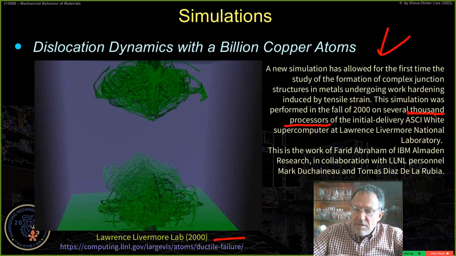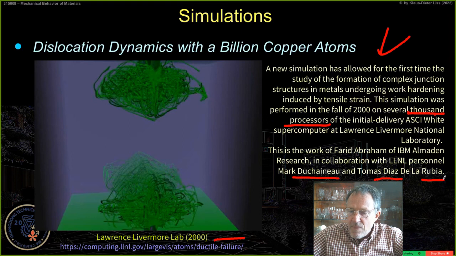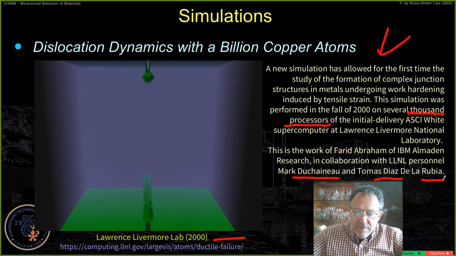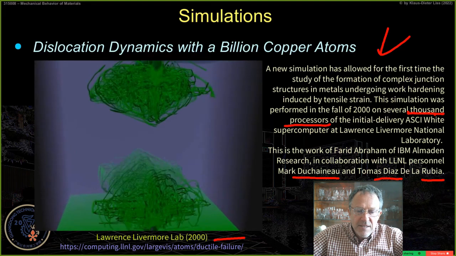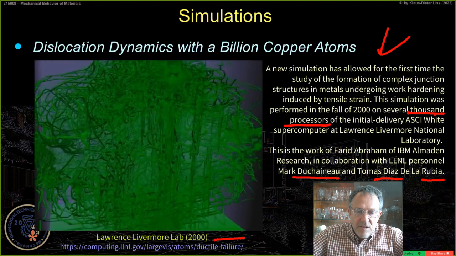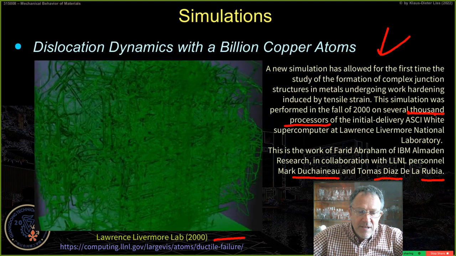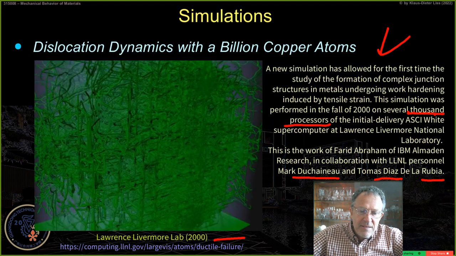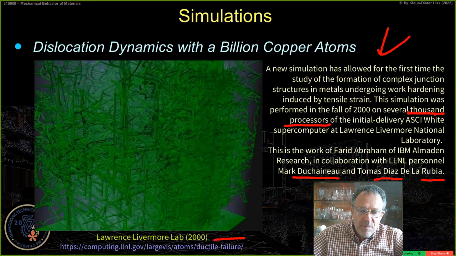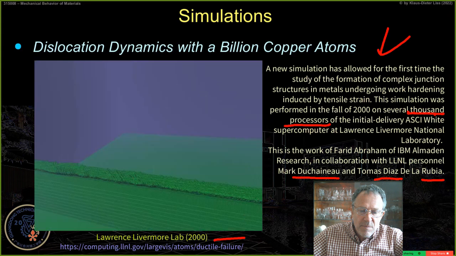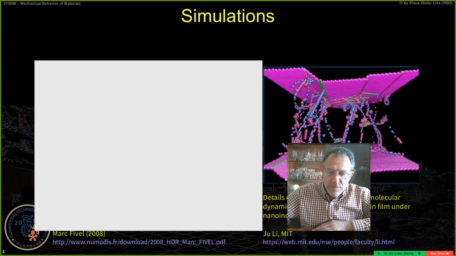This is the work of these people, Abraham and Almaden Research, in collaboration with other personnel, Duchaineau, Diaz de la Rubia. Oh, some famous people, yeah. So you need a few thousand processors to compute this kind of dislocation structures by simulation. But this is feasible nowadays, and in 20 years the computers became much better.